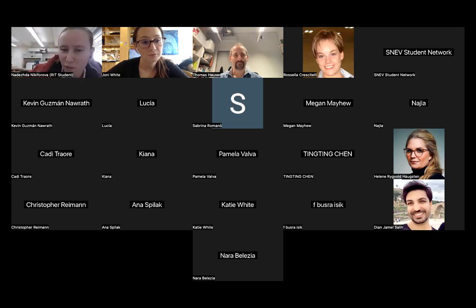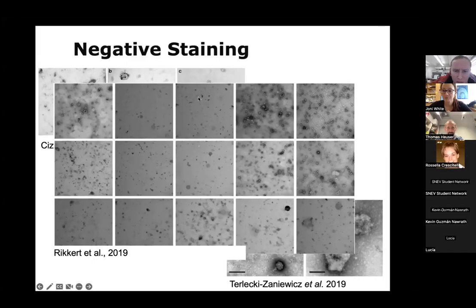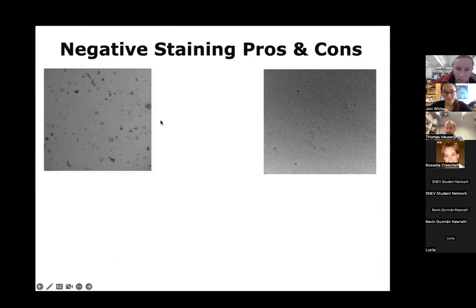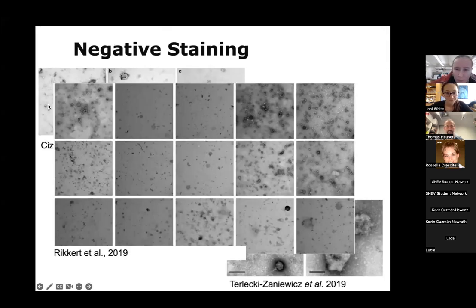Could you please find your slide with negative staining? Of course. Maybe I can find mine. Oh, sorry. This one here, can you see it? Yes, yes. Okay. The right one, the right and upper. Yeah, this and closer to that. Yep.